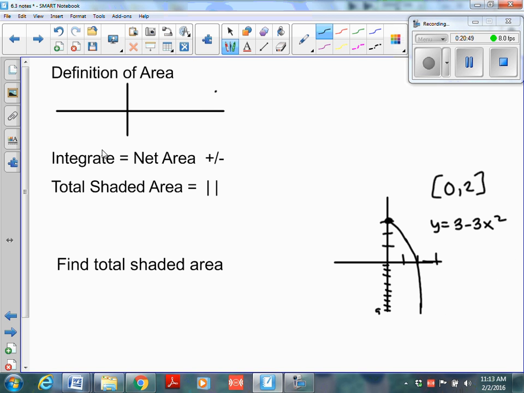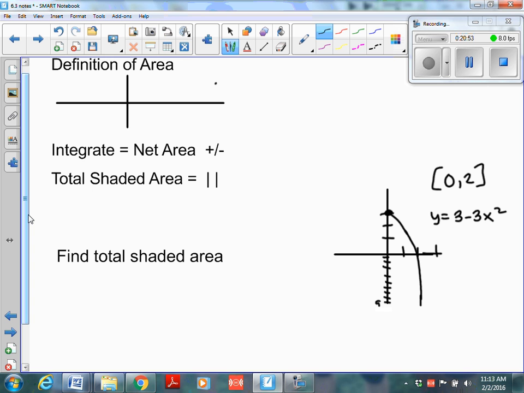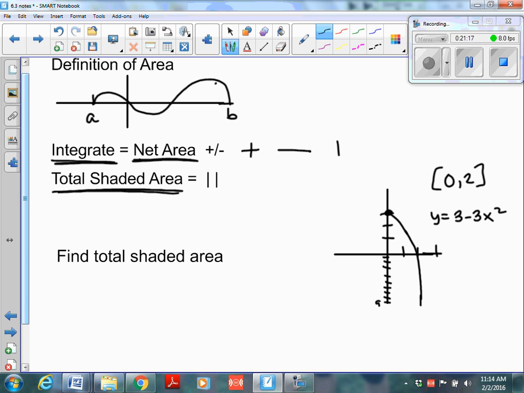Okay, the next section is very complicated, so you really got to watch what I'm doing here. The next section deals with integrating from A to B and noticing the difference between integrating and total shaded area. When you hear the word net area, you need to take into account that the first part is above, the second part is a negative, and the third part is positive.